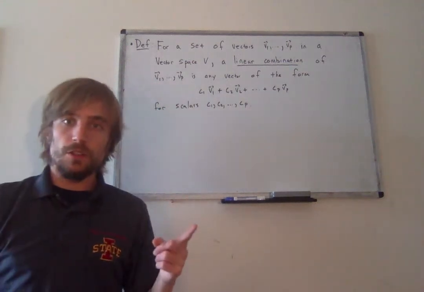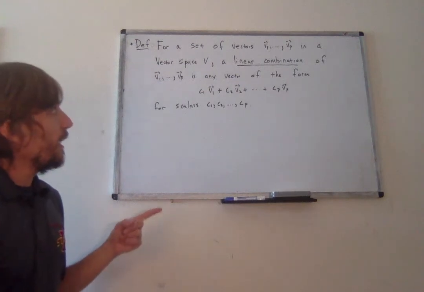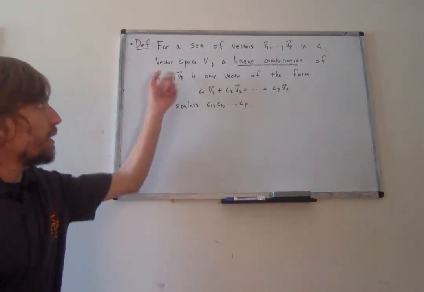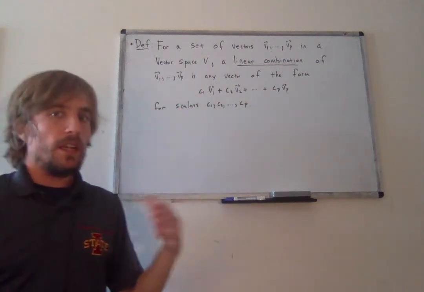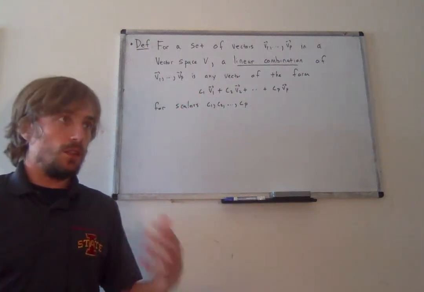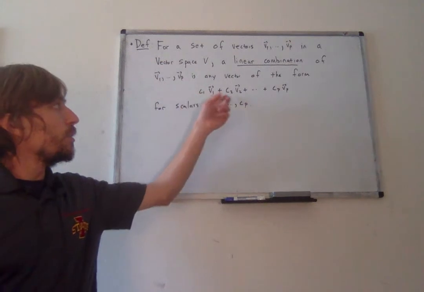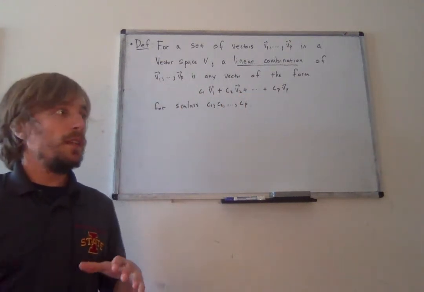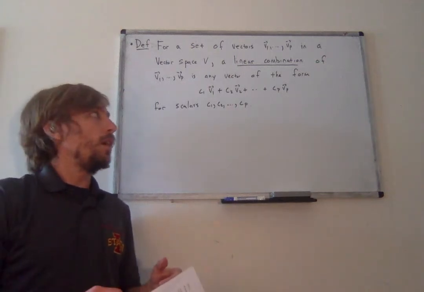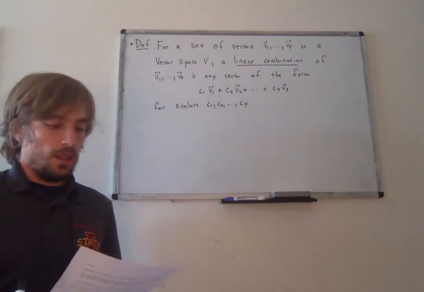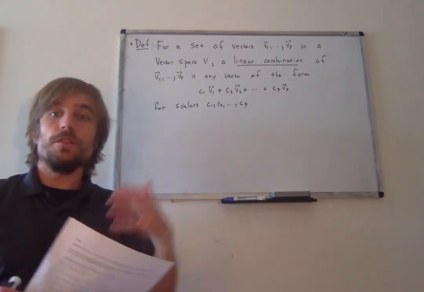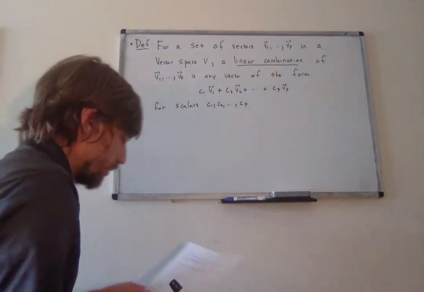Because I still have vector addition, and if I've assumed this is a vector space, then of course it is closed under scalar multiplication. So this expression makes sense with any set of vectors in any vector space. This is just a linear combination, defined in the same way, but now for any set of vectors in any vector space.